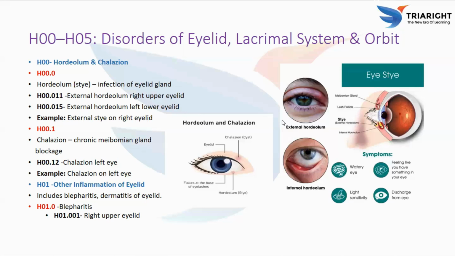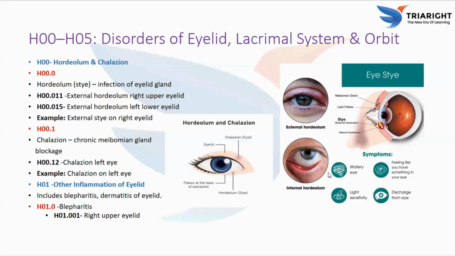So on the right side, you can see the pictures of external hordeolum and internal hordeolum. External hordeolum occurs at the lid margin. You can clearly see in the picture, it occurs at the lid margin. It involves the lash follicles, and is visible as a small red ball-like swelling.